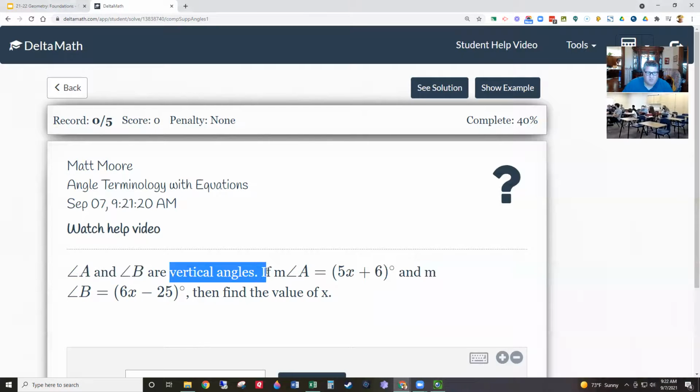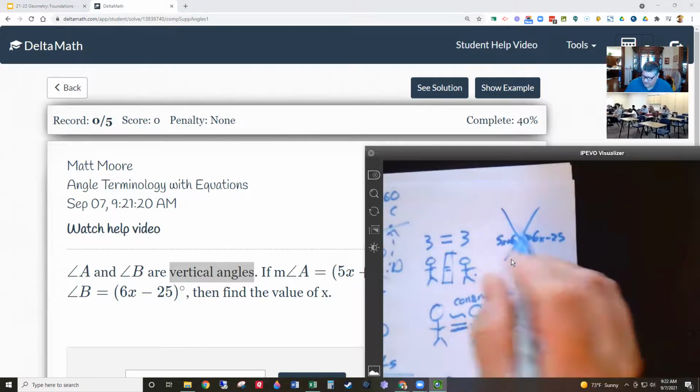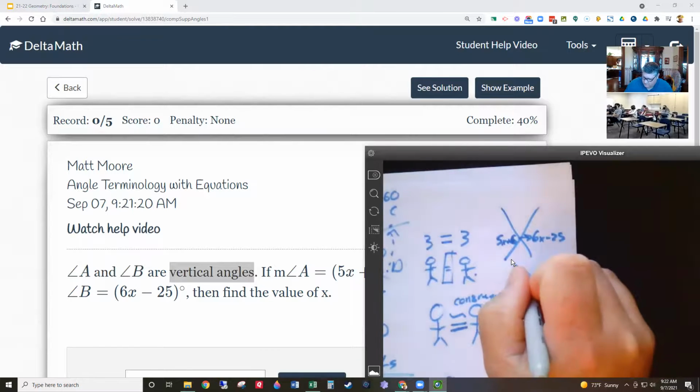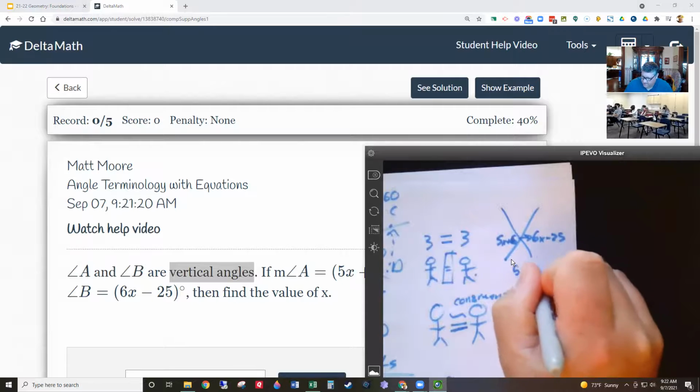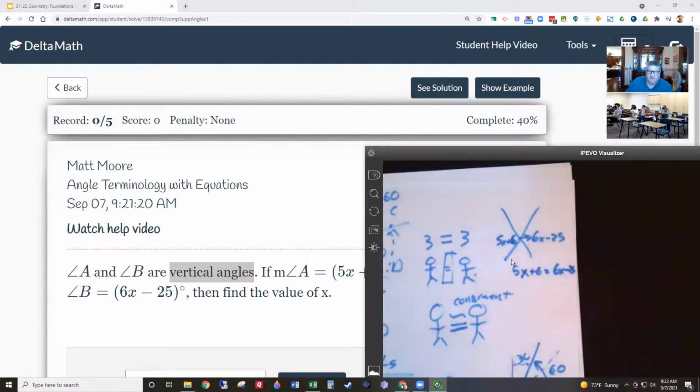Because they're vertical, what's true about those two angles right here? They are equal. So can I say 5x plus 6 equals 6x minus 25?